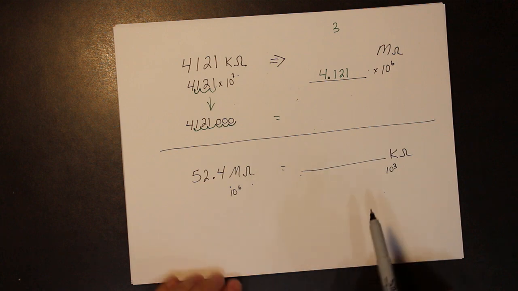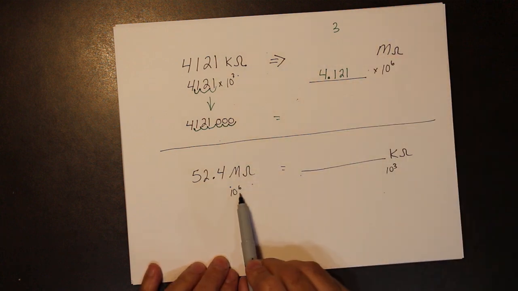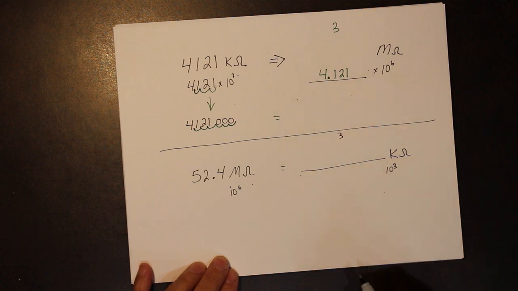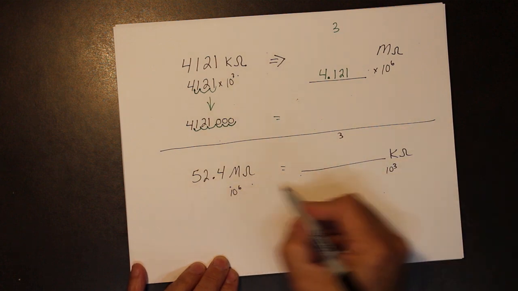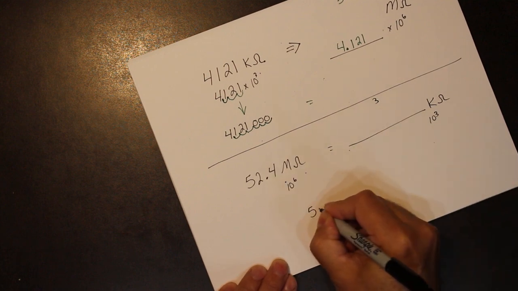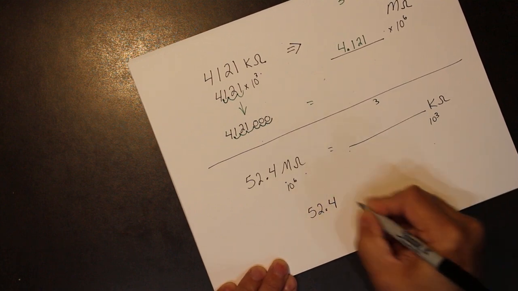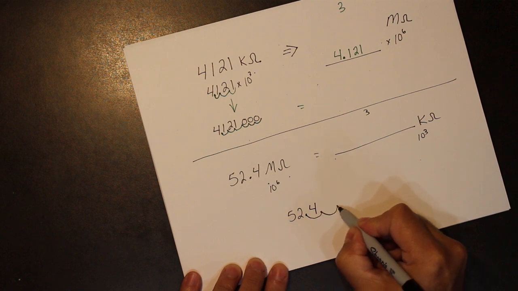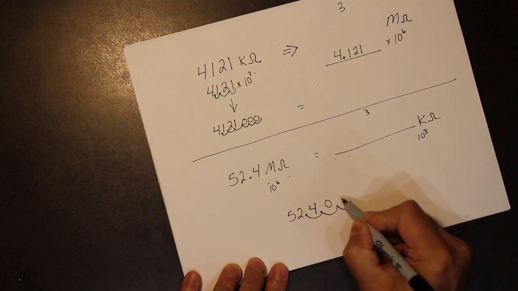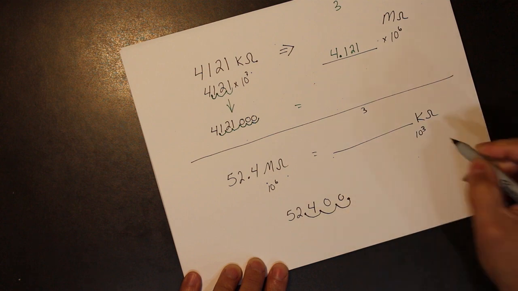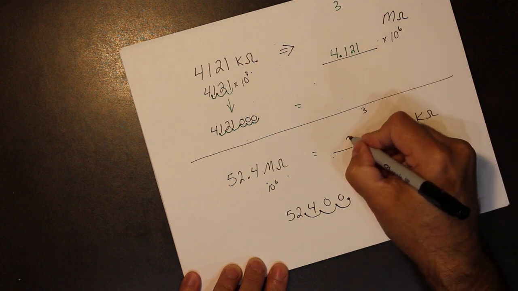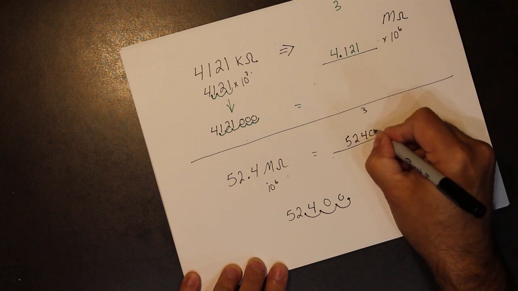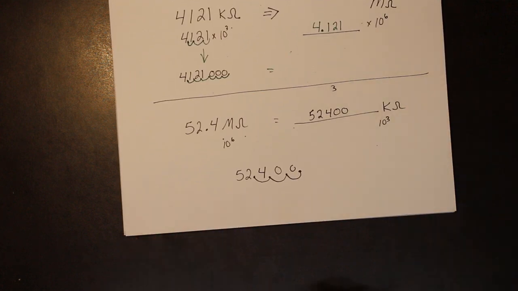Now we're going to move the decimal point again from 6 to 3, which is 3 places, but now we're moving it the other direction. So we've got 52.4 and we're going to move it 1, 2, 3 spots. So this works out to be 52,400 kilo ohms.